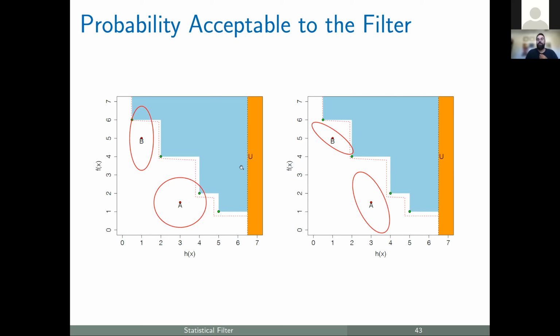The reason I'm showing two pictures here is that if you were to use the multivariate Gaussian process, you would get ellipses that are not axis aligned when things are correlated. You have these covariance or correlation values, and they create these tilted ellipses. If you were to fit an independent Gaussian process for the objective function and an independent Gaussian process for the constraint functions, you would get ellipses that are axis aligned.